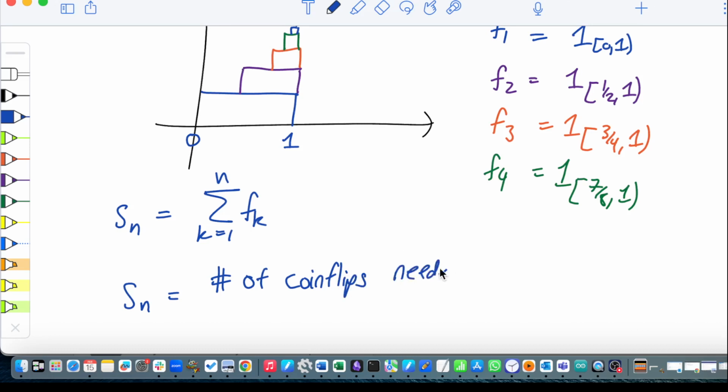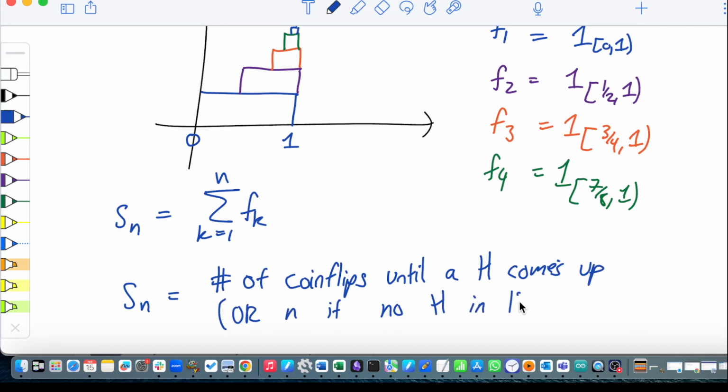Okay, let me say it this way. Sn is the number of coin flips until a heads comes up, or n if no heads in the first n coin flips.